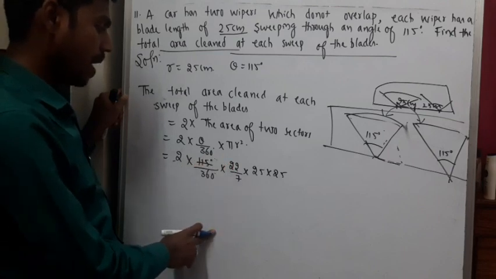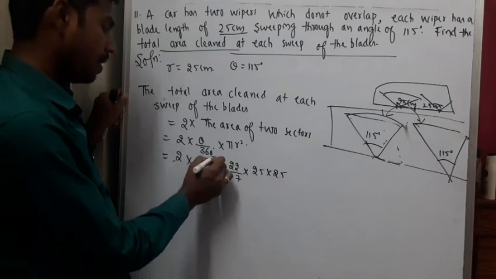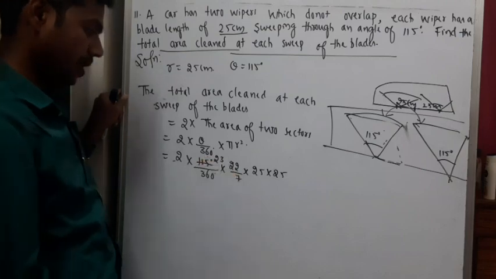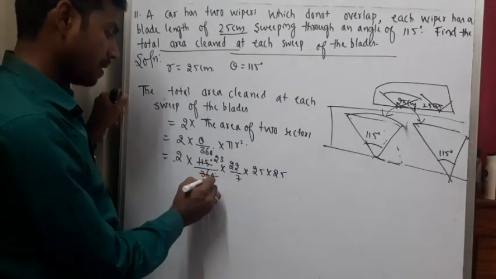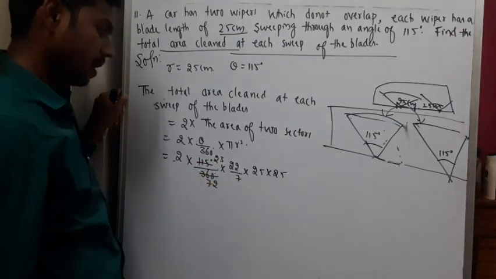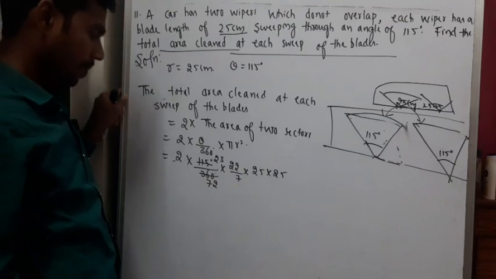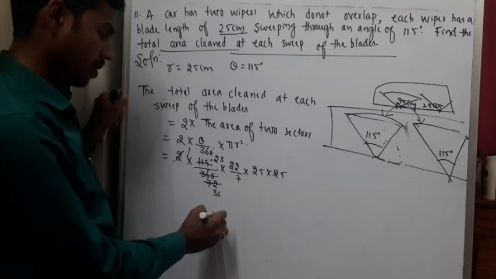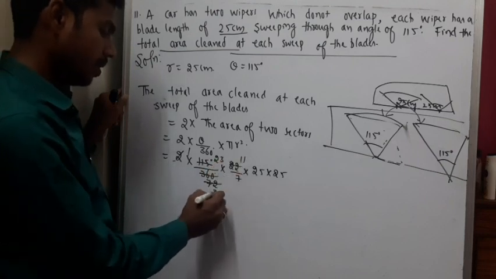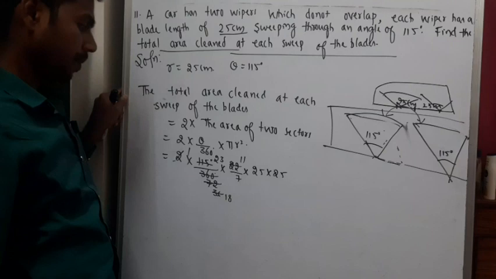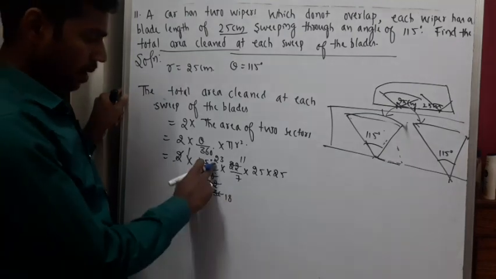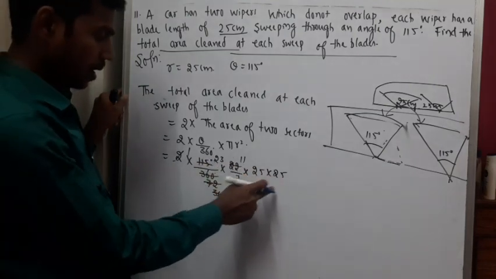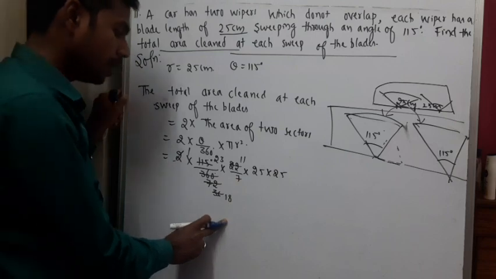So we should go through 5 multiples. 5 2s are 10, 5 3s are 15. 5 7s are 35, 5 2s are 10. Now 2 1s are 2, 2 18s are 36. So 23, 11, 25, 7 and 18. So we can't reduce further.